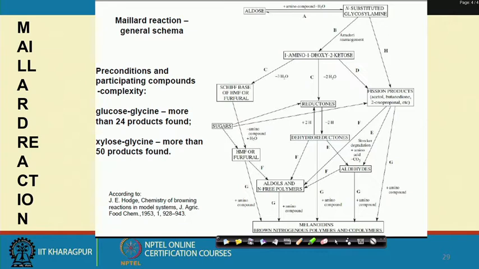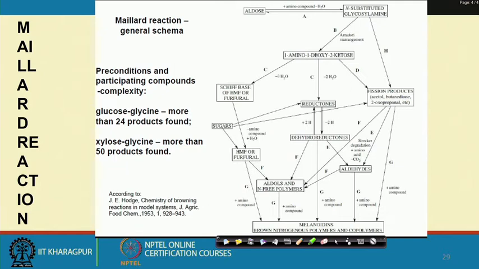Not sufficient quantity of sugar is given to make it sweet; it is not for sweetening but for introducing some flavor as well as some color through caramelization. But the reaction is very complex, and at the end it also produces melanoidins.